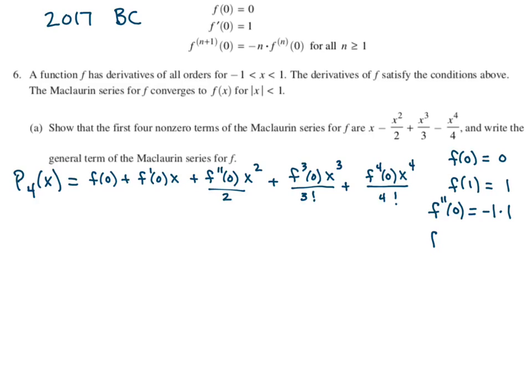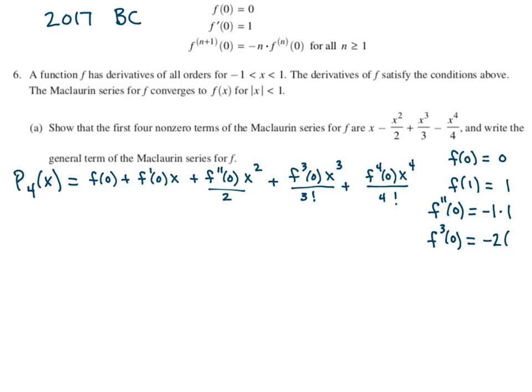To find the second derivative at 0, I'm plugging 1 in for the n right here. 1 plus 1 would give me f of 2, the second derivative. So I plug in 1 for both of those. That means I want a negative 1 times the first derivative at 0. So that's where I'm getting this -1 and then this 1 right here.